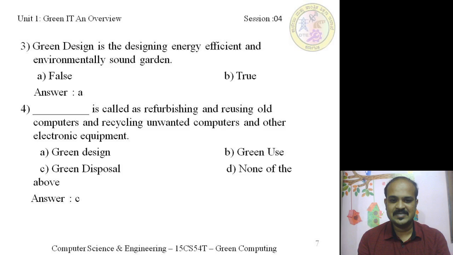Here they are using the words such as refurbishing and reuse. These are mainly related with the disposal. That is given in option C, green disposal. So the correct answer is C.